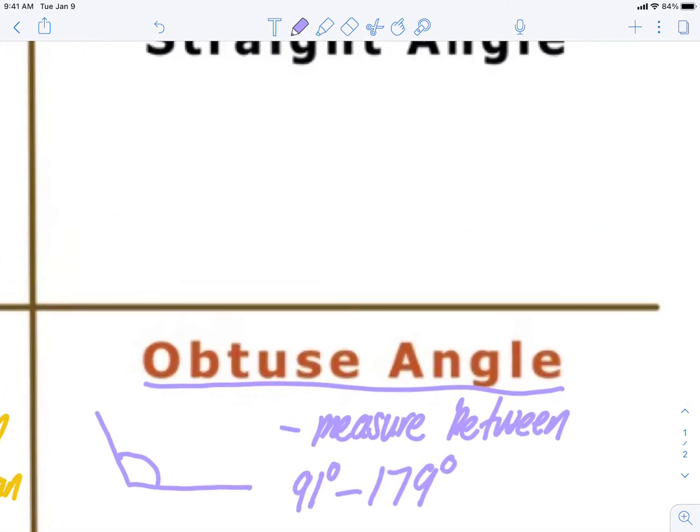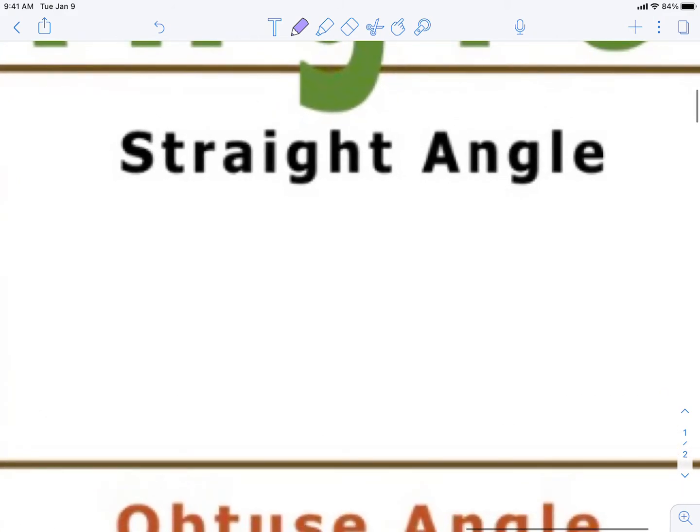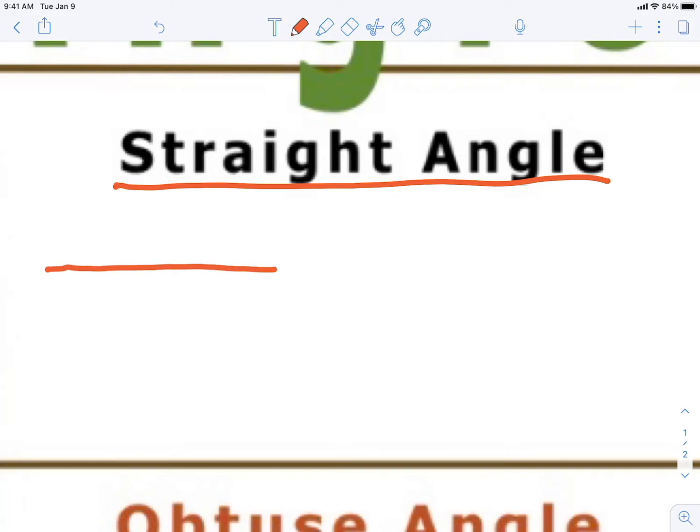Finally, this last one, guys, that we didn't cover in the picture, is called a straight angle. And that one says it in its word. It is a straight angle. This is the easiest one, by the way. Check it out. That's a straight angle right there. Look at that.